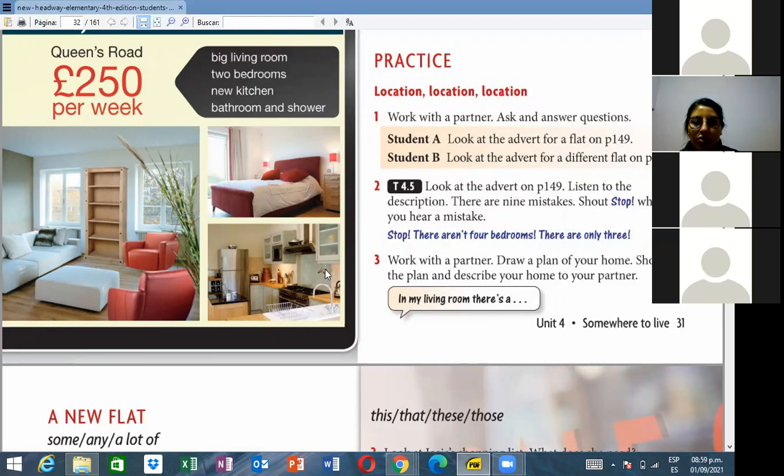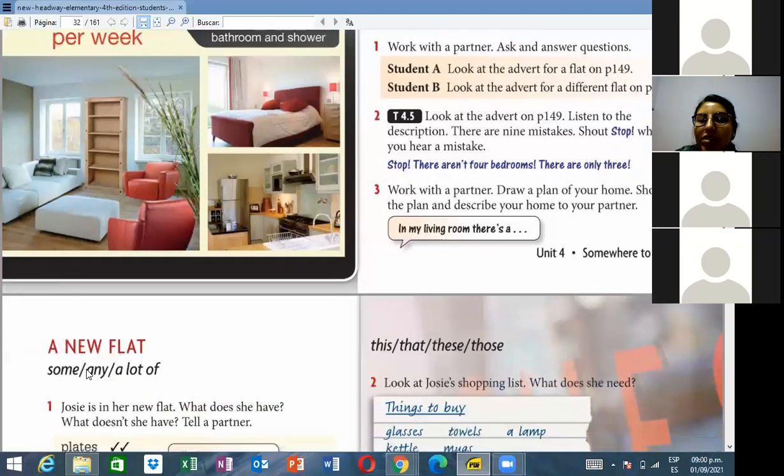Como si fuera una sola imagen. Los cuartos de su casa, digamos, ¿no? Todas las habitaciones que hayan, depende de ustedes. La idea es que describan. Okay, please. That's it. If you want, you can describe your bedroom, or if you want your living room, or maybe your kitchen, depend of you. Okay, for tomorrow, please, students.